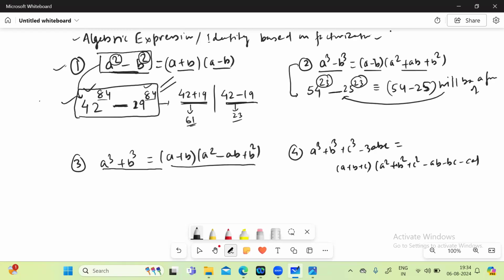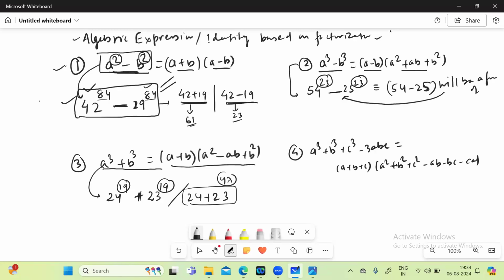Let's say I have two numbers, 24 to the power 19 plus 23 to the power 19. I have odd powers and a plus sign, which matches with this. So this can be divided by 24 plus 23, which is 47. So 47 will be a factor of this.